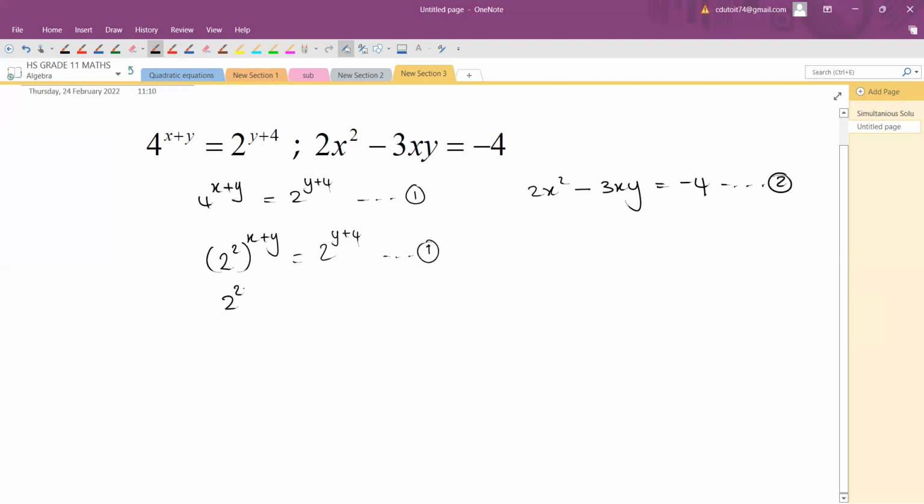So that's 2 to the power of 2x plus 2y equals 2 to the power of y plus 4. Therefore, 2x plus 2y equals y plus 4. Now, if I throw all the y's to the left, I have 1y, and that is 4 minus 2x, and there's my third equation.